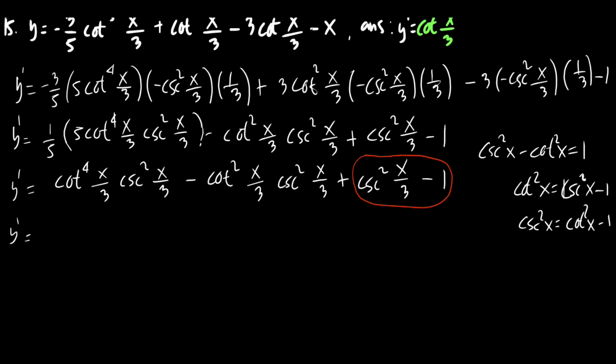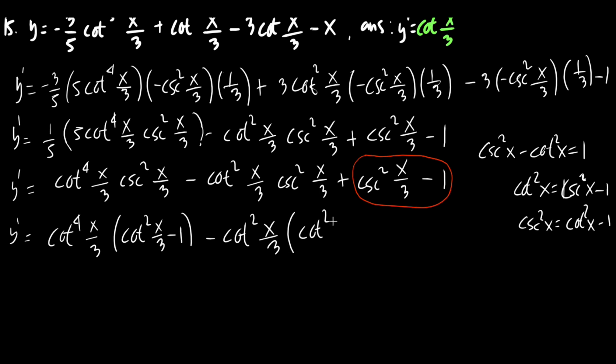So we have cotangent 4x over 3 times cotangent squared x over 3 minus 1, minus cotangent squared x over 3 times cotangent squared x over 3 minus 1. So cosecant squared x over 3 is just equal to positive cotangent squared x over 3, right?